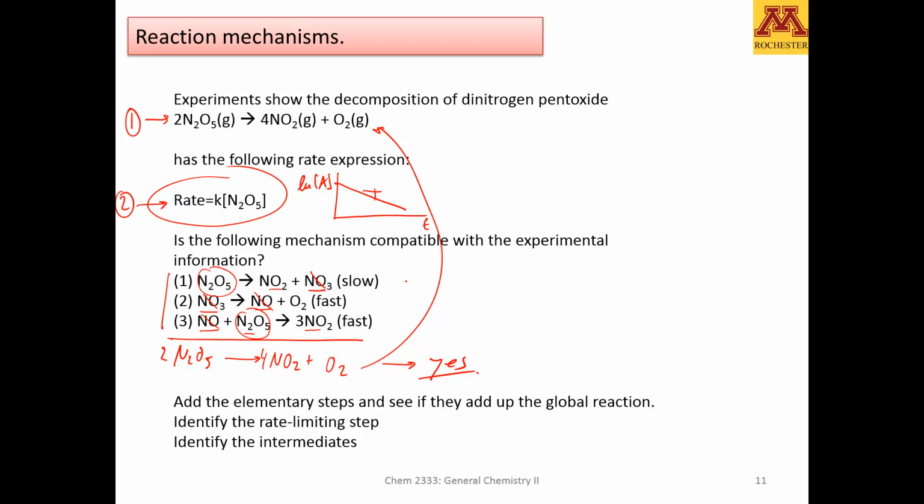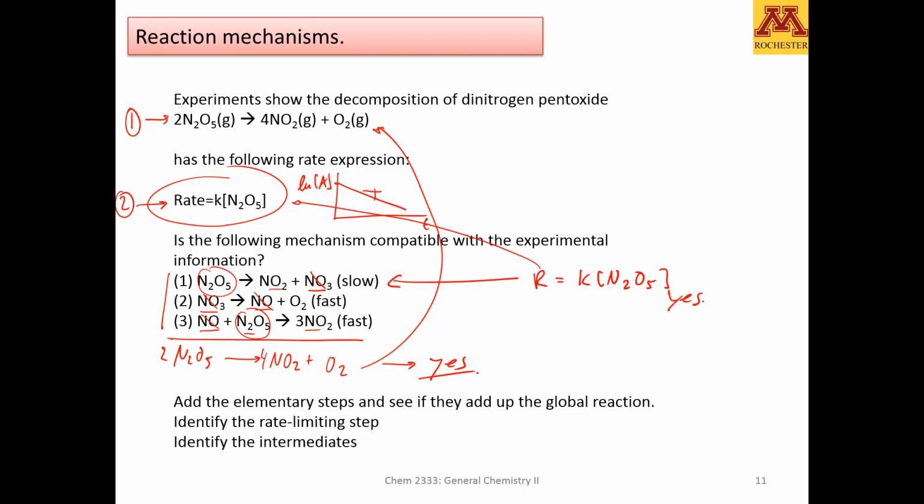Now let's look at observation 2. If this is a slow step, that means it's the rate determining step. The rate of this elementary step is k times dinitrogen pentoxide. So this is the rate of the elementary step. If this were the slow one, it would be the observed rate law, which it is.